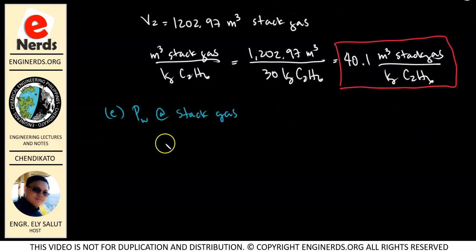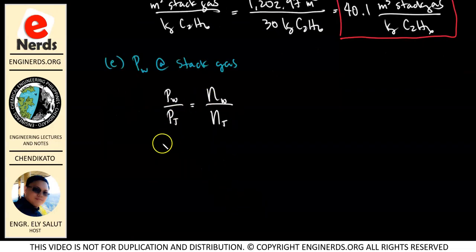Okay, so we need to take note of what we have learned sa ating physical chemistry class, that the partial pressure of our water over the total pressure is equal to the number of moles of water over the number of moles total. Okay, so the pressure fraction is equal to the mole fraction.